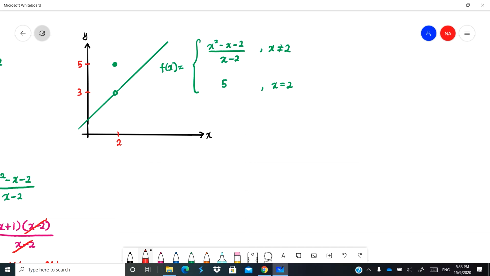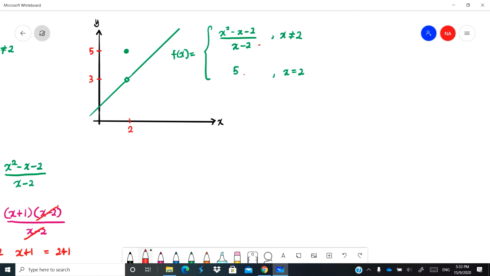The function is defined something like this, meaning that it's not defined at 2 using this expression, but it's defined as 5 there. So f(2), when x is equal to 2, the value is 5. That's why we have this black dot there.